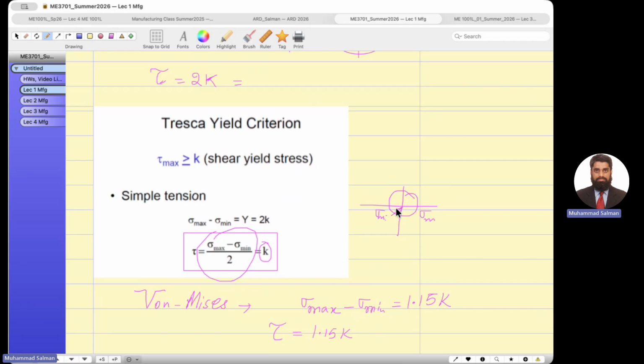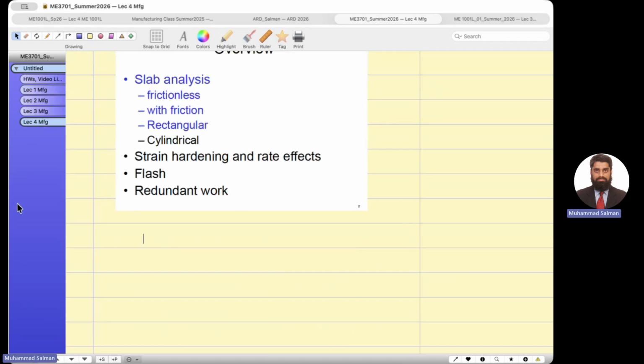This is the radius. Suppose this is the zero line. Sigma max minus sigma min divided by 2, if that is equal to the k value, any k constant, if you achieve that stress, then the material will start shearing. That's what Tresca says. We will go over this again in our lecture 4.